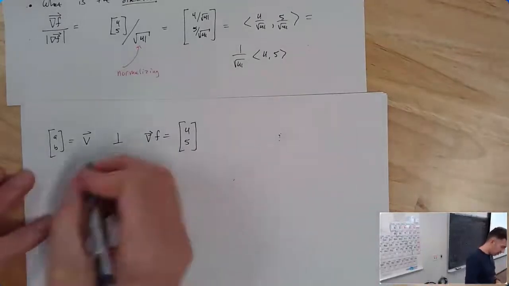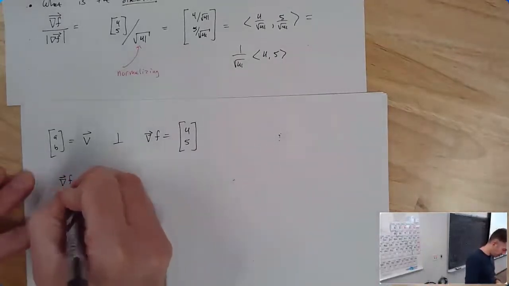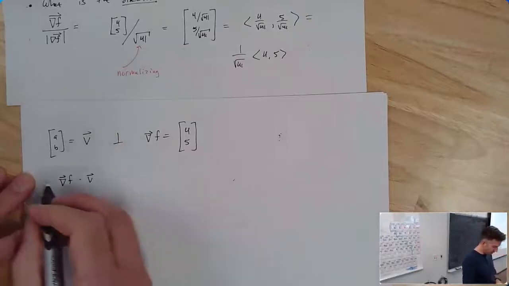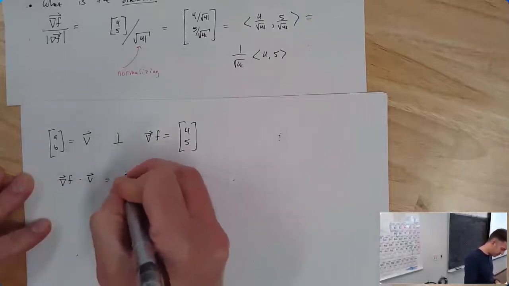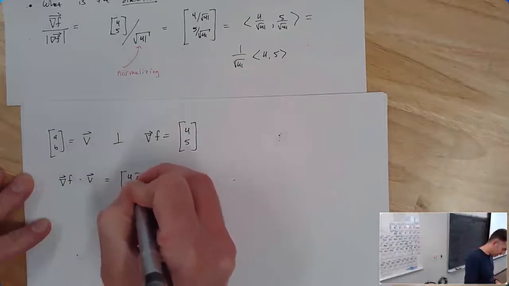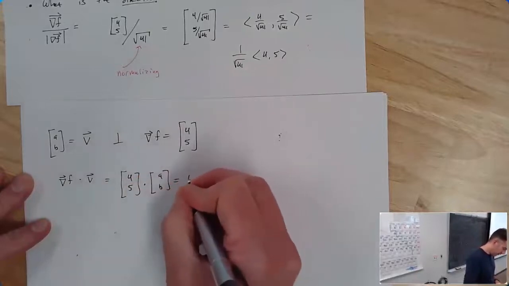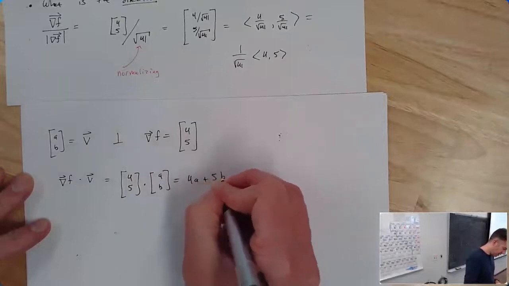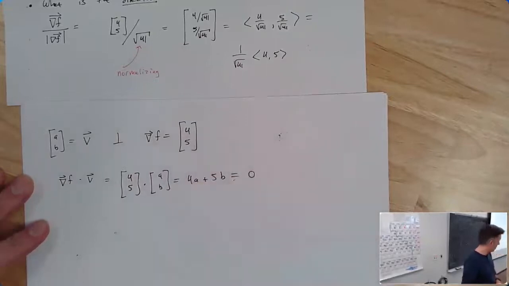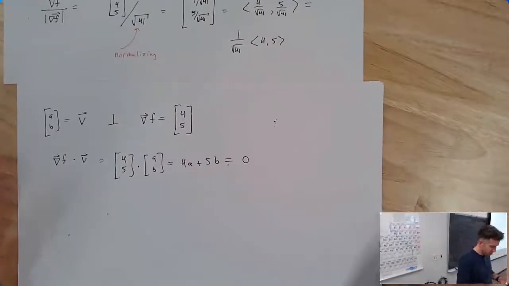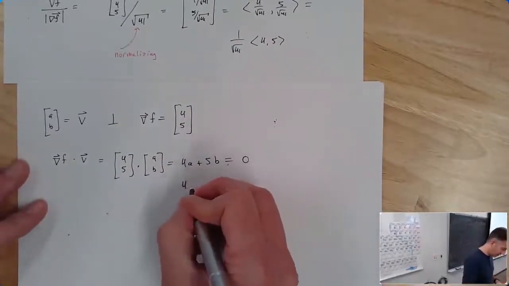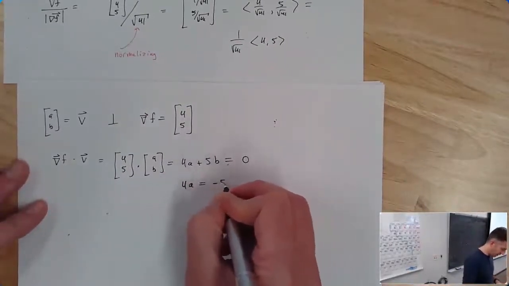And so if we say, okay, well, I'm going to take the dot product of my gradient and my vector v, it's going to be 4, 5 dotted with a, b. I get 4a plus 5b, and I want that to equal 0. So then you can do this kind of any way you want. I would typically just say, well, 4a equals -5b.